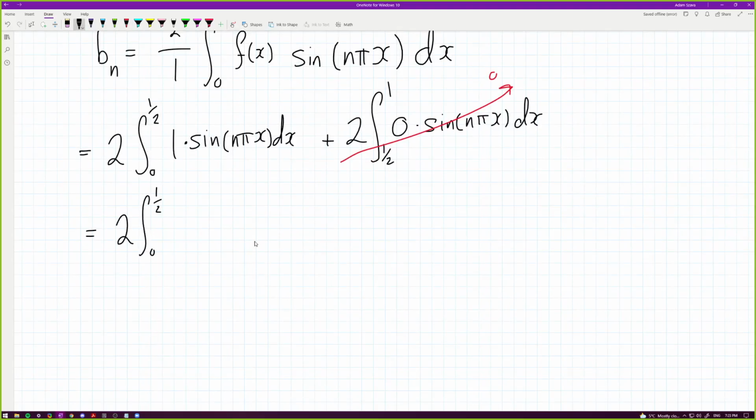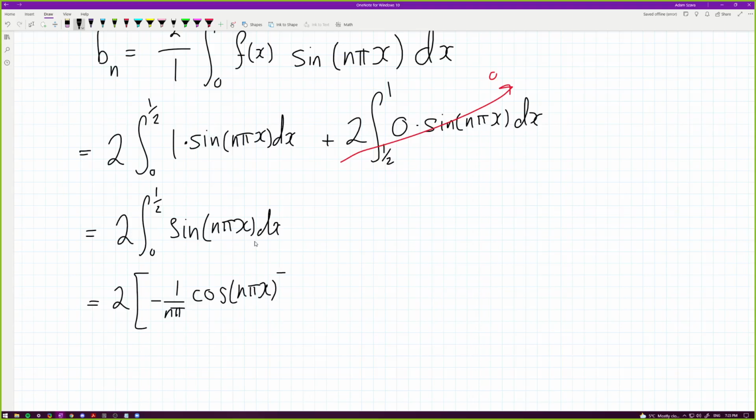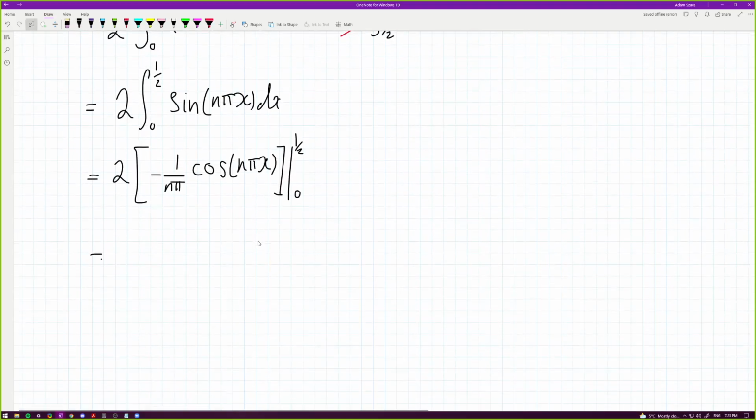So the integral from 0 to 1/2 of sine n pi x dx. That's just going to be 2 times negative 1 over n pi cosine n pi x evaluated from 0 to 1/2. Now we just evaluate this.